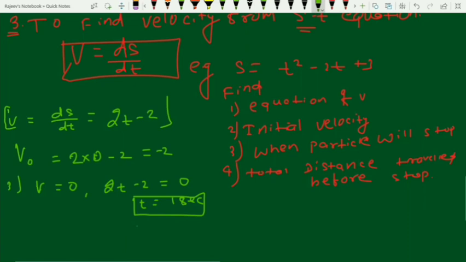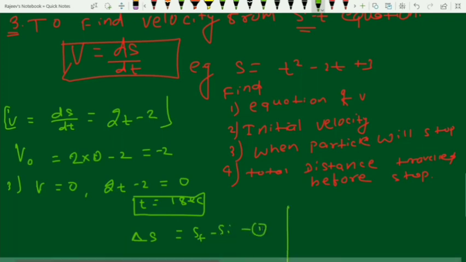Now the thing is, what will be its total distance travelled, or displacement. Delta s becomes final position minus initial position. What is the initial position? Initial position means time should be 0.